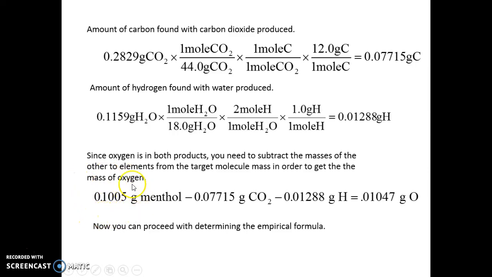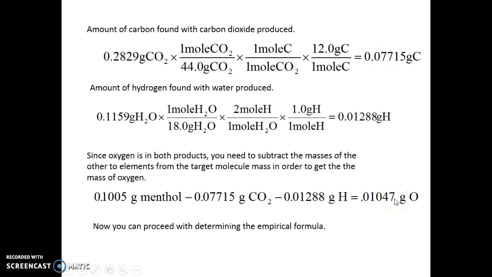So if you look back at the question, we had a given amount of menthol. Of that quantity, we know that 0.07715 grams of it is carbon, and we know that 0.01128 grams of it was hydrogen. So if we subtract those two numbers from the mass of the menthol, we then can find how much oxygen is in the menthol. So now we have so many grams of all three materials.